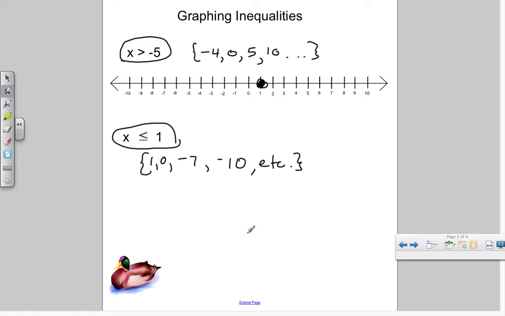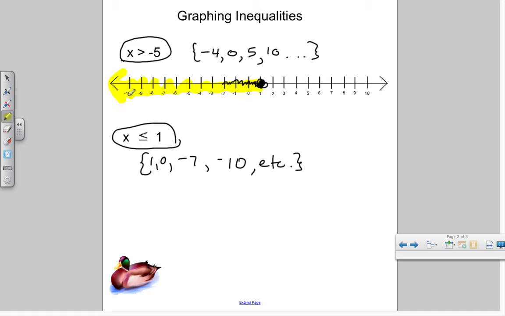That's a very large circle. I would hope that you would maybe make a little smaller circle. But then it's, of course, 0, and we said -7 and -10, so it's everything going this direction. And again, I'm going to use the highlighter because that's a lot easier. So I do a closed circle, and I shade in the line, that didn't come out as well as I would have liked, but okay.